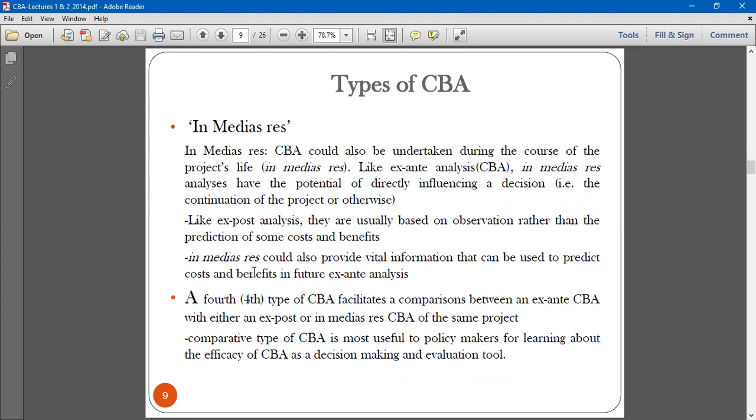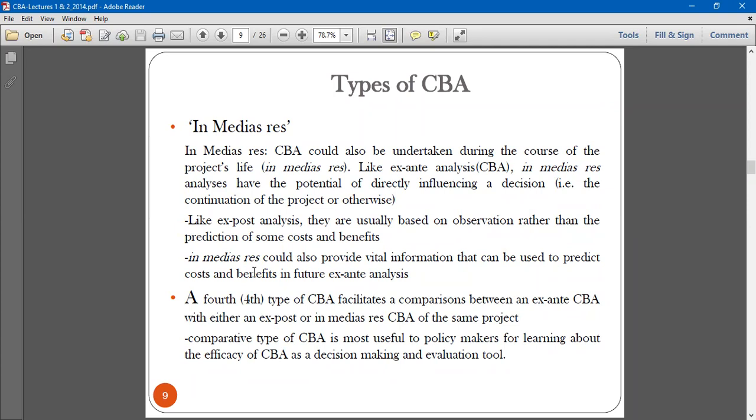We have to compare the two and see if actually the ex-ante CBA that we did, was it really worth it? Was it able to actually predict economic efficiency? If we are doing ex-post, then it means ex-ante predicted that yes, the benefits will be more than the cost. That is why we embarked on the project.